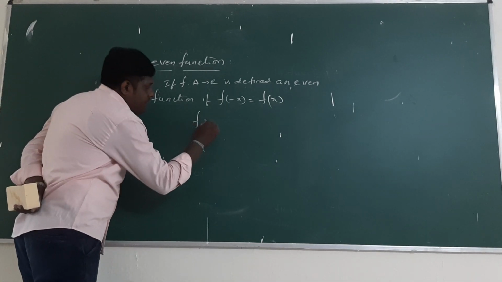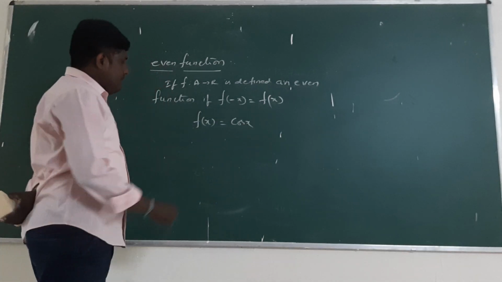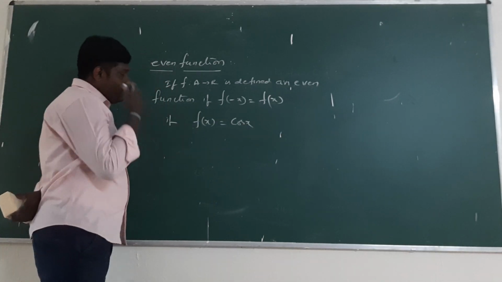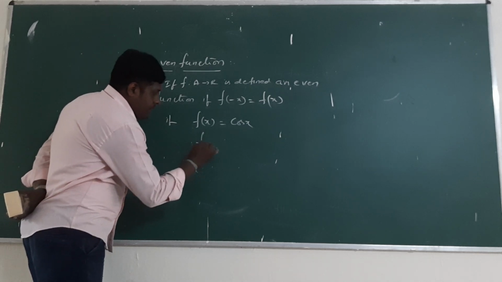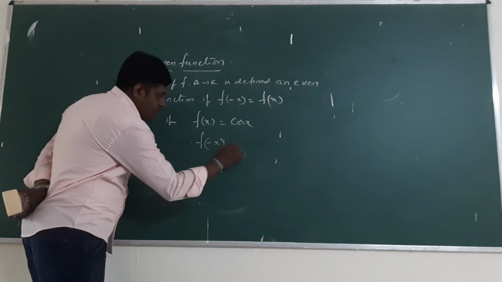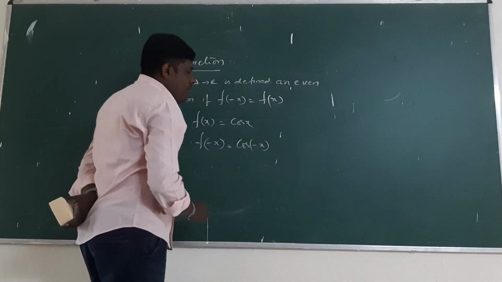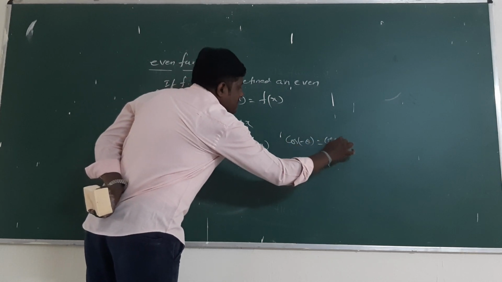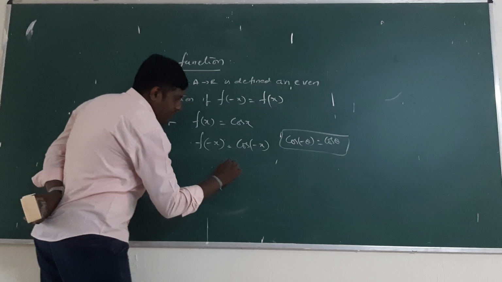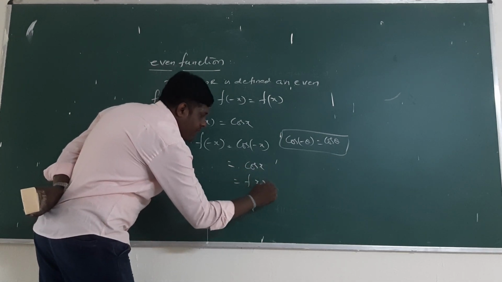See, f of x is equal to cos x. Is it even function or odd function? Let us take f of minus x is equal to cos of minus x. We know cos of minus theta is nothing but cos theta. That is equal to cos x, which is f of x.